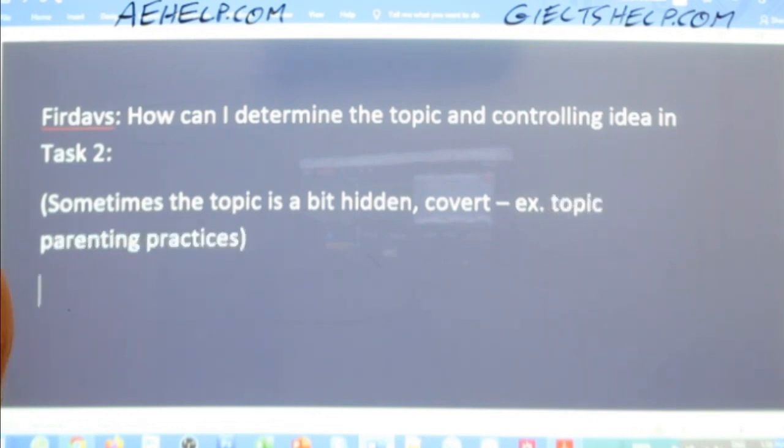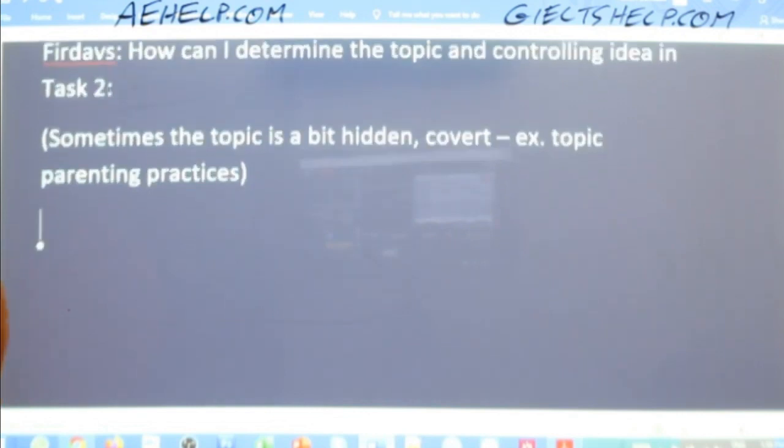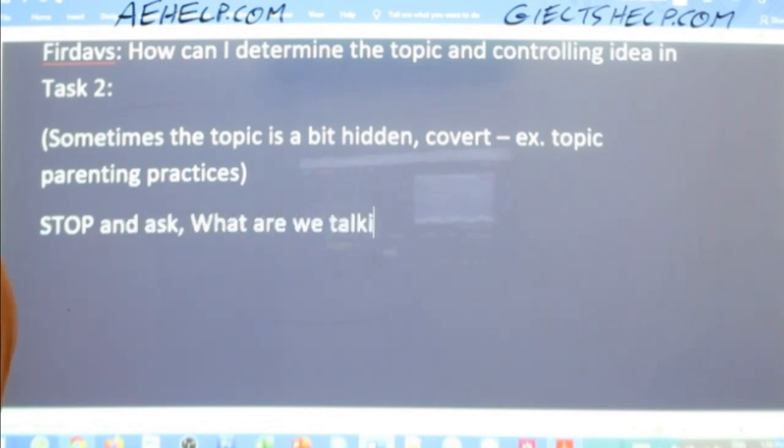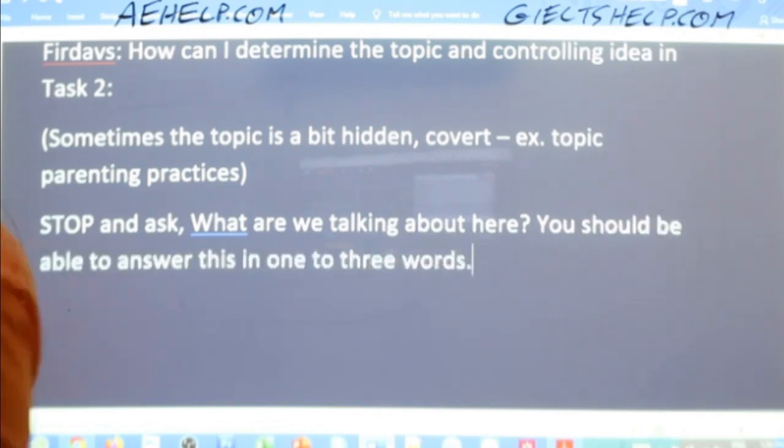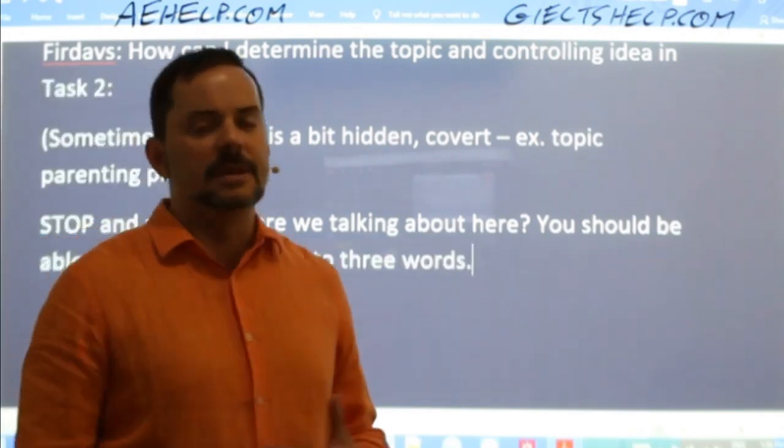What you need to do, Firdavs, is stop and ask yourself, what are we talking about here? You should be able to answer this in 1 to 3 words. The topic should never be more than 3 words.